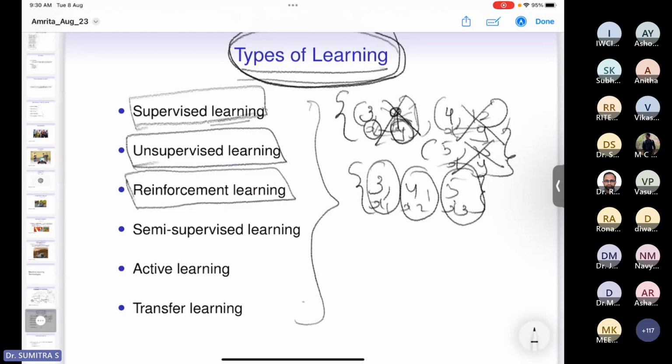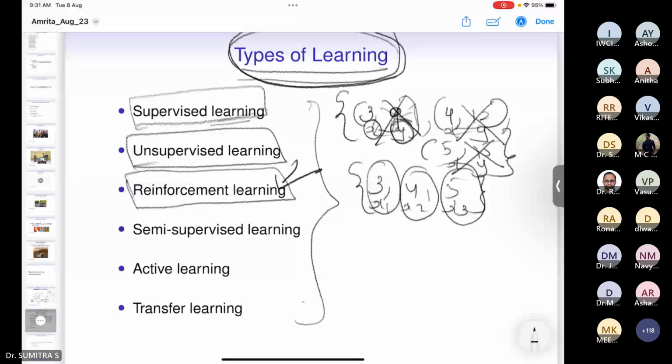So that child got a negative reward there. In the same way, by giving positive rewards and negative rewards, we are teaching an algorithm to take decisions. An algorithm developed using those types of techniques comes under reinforcement learning.